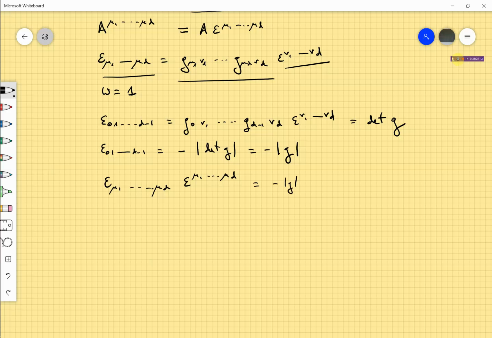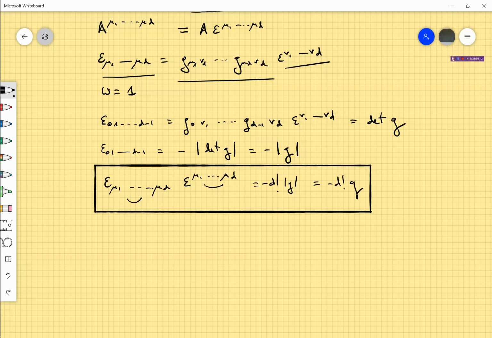But then I have d factorial terms like this, because every time I make a permutation here, I also make the same permutation here, and they always add up. So this is minus d factorial absolute value of g, or if you want, minus d factorial g. Okay, this is the other thing that I need to know.